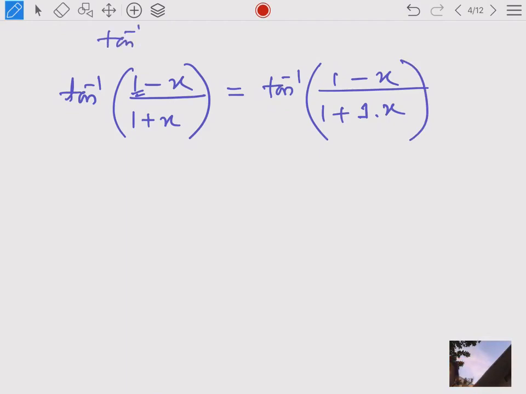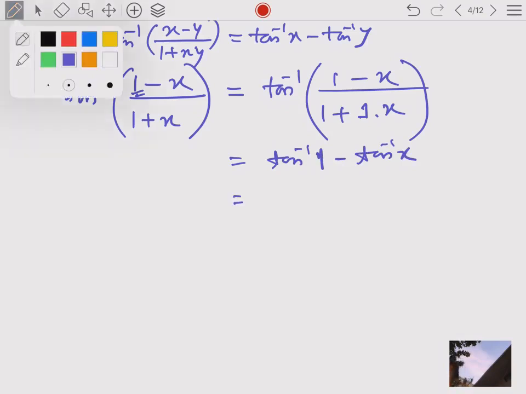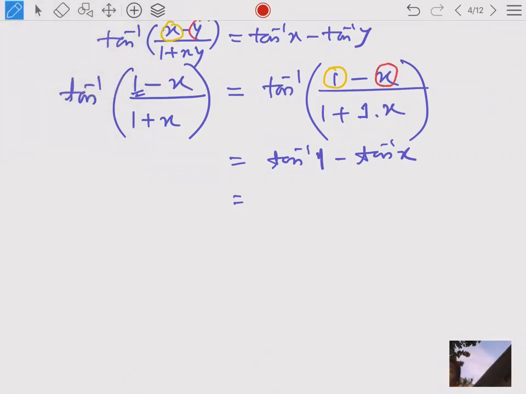Recently we have read the formula tan inverse of x minus y upon 1 plus xy is equal to tan inverse x minus tan inverse y. So now if we convert this identity, then it will become tan inverse 1 minus tan inverse x. Actually we use 1 as x and x as y.